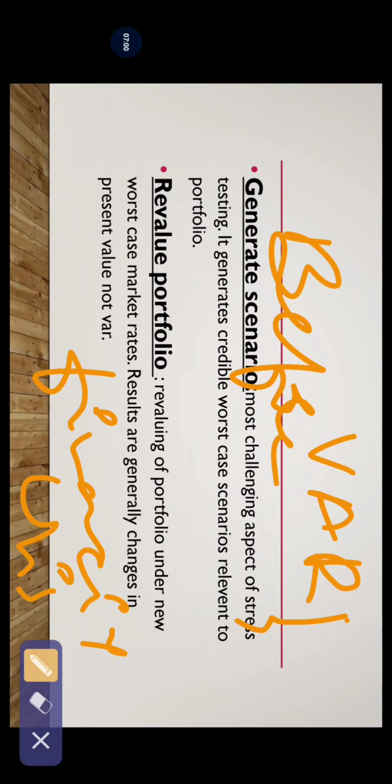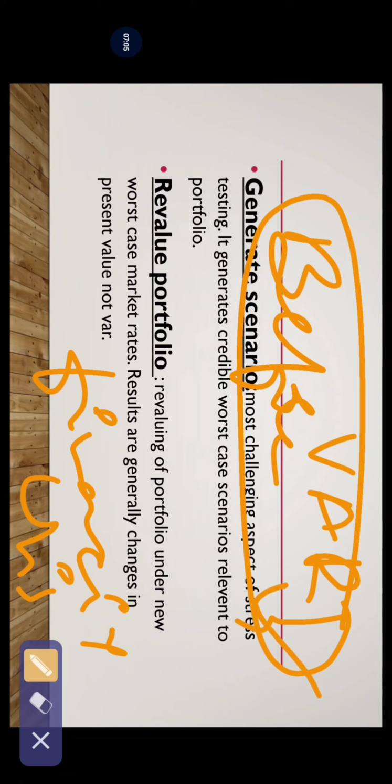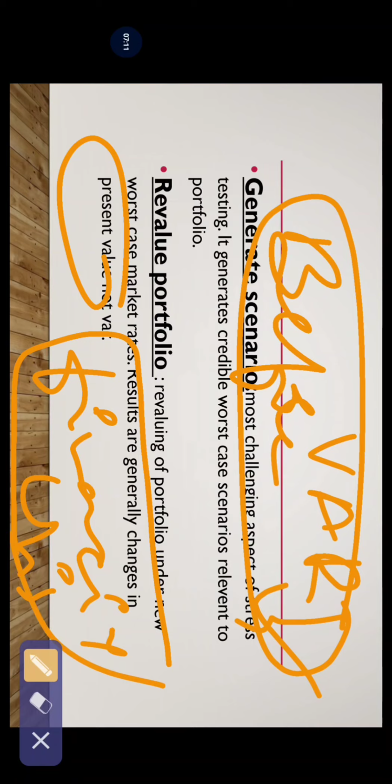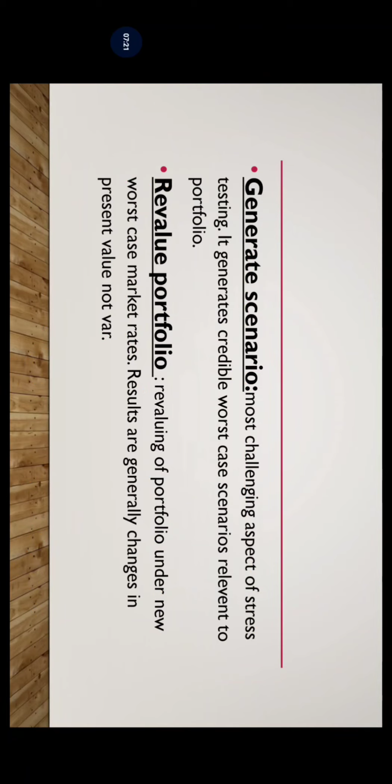So here, instead of considering the estimation provided by the VaR model, we should consider the present value changes due to the financial crisis. So that is what this point is telling: revaluing the portfolio value of the securities depending upon the present condition, present value. That is the second step.